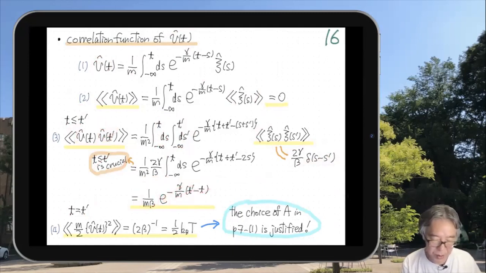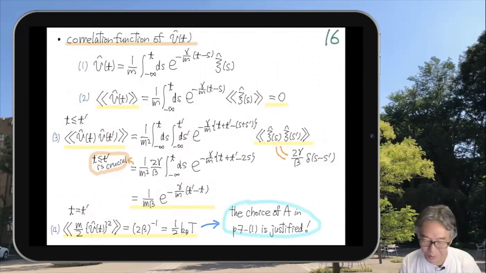So from this, we see that the expectation value of the kinetic energy is given by this, which is precisely 1/2 k_B T, which is the expectation value of the kinetic energy that you expect in the equilibrium state. Okay, and since we have waited for quite a long time, of course, this must coincide with the equilibrium value. So this shows that our theory is okay.